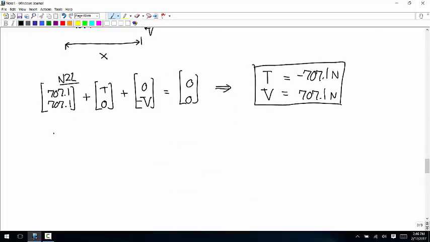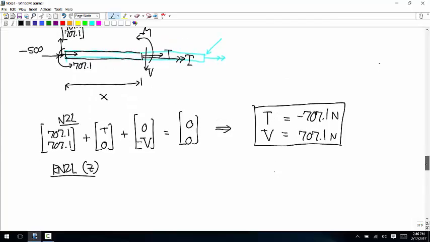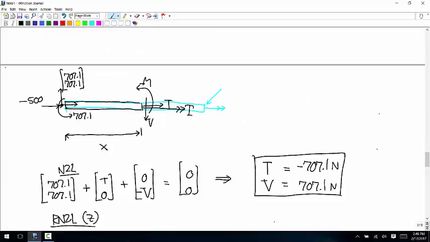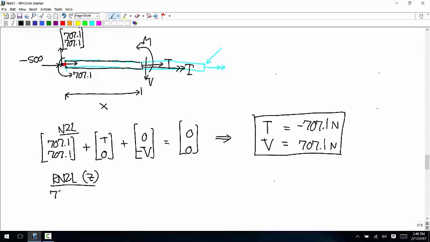And then the moment equation about the z-axis, and I'm going to use the left endpoint as the about point again. We have the couple of 707.1. We have the bending moment, M. And what other force applies a moment about the z-axis?